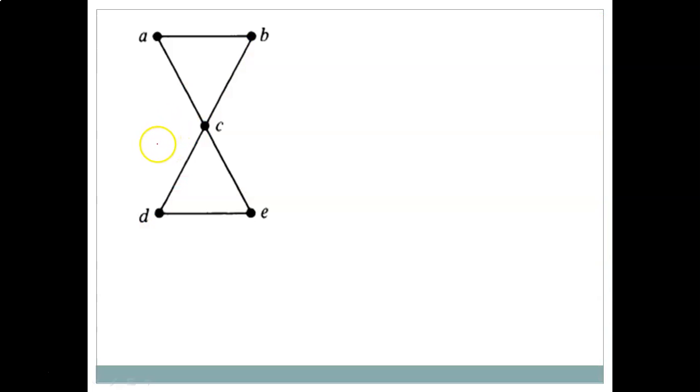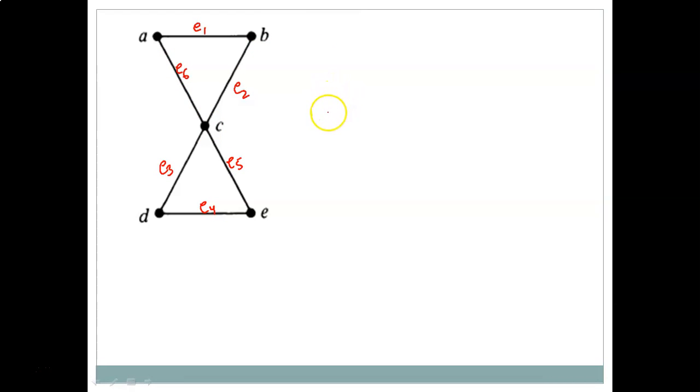Just look at this graph. 5 vertices are there in this graph, and the vertices are denoted by A, B, C, D and E. Suppose I denote this edge AB by E1, this by E2, then this by E3, E4, E5 and here is E6.